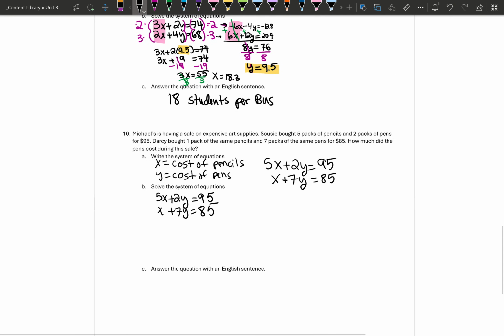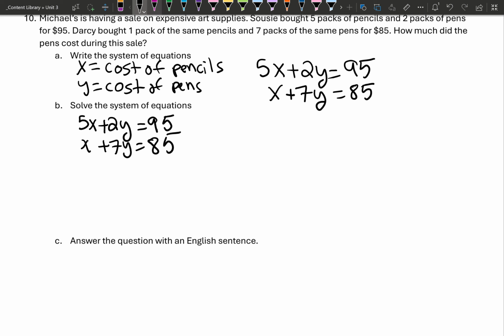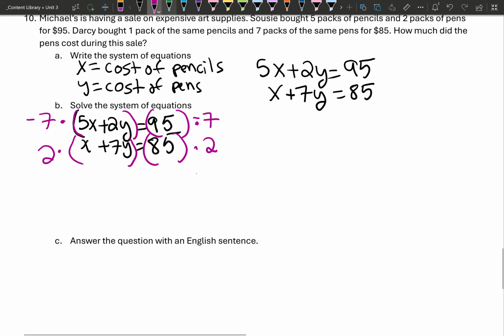Okay, what did I get rid of last time? The x's, so let's do the y's this time. In order to get rid of the y's, I'm going to flop the numbers from the top and bottom to multiply, which means I'm going to multiply the top by 7 and the bottom by 2. But because we don't have a negative here, I'm going to multiply the top by -7.